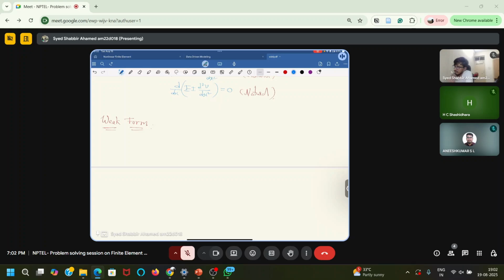So in order to get the weak form, let's say you assume some solution for V. Like whatever we do in approximate methods, we will assume some solution and we try to get the residual. Because V is not exactly equal to the exact solution, we are assuming something, so there will be a residual.